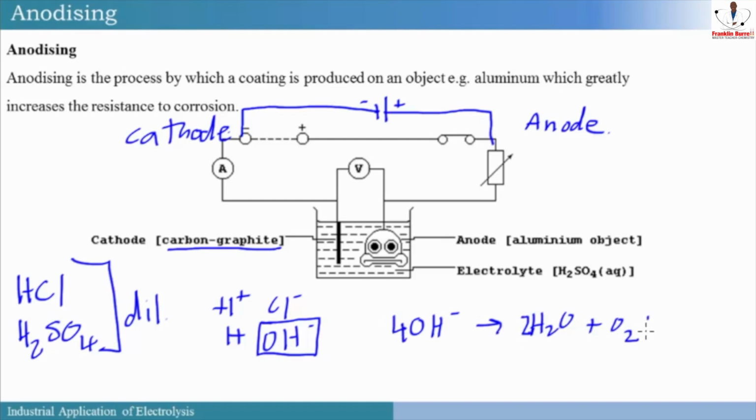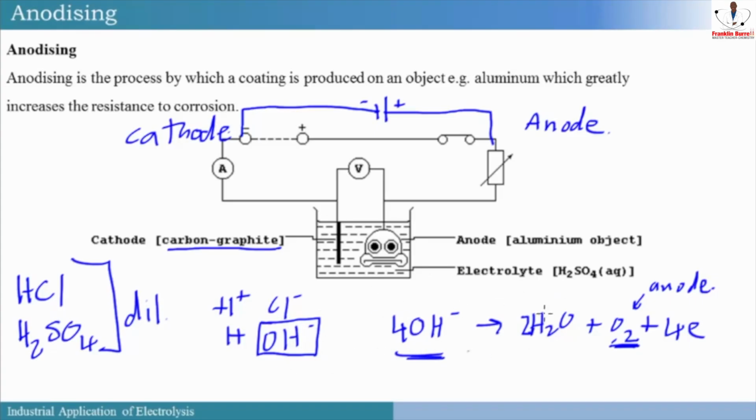And this equation you know already. So this is the oxygen that is produced at the anode. And where did this oxygen come from? It came from the hydroxide ion, which came from an electrolyte that is a dilute acid.